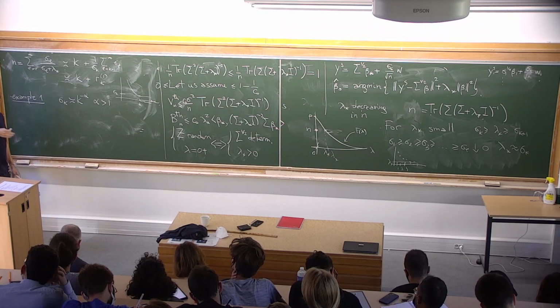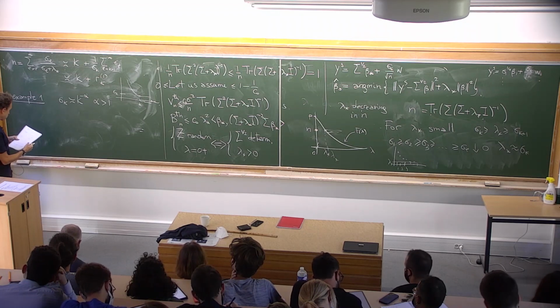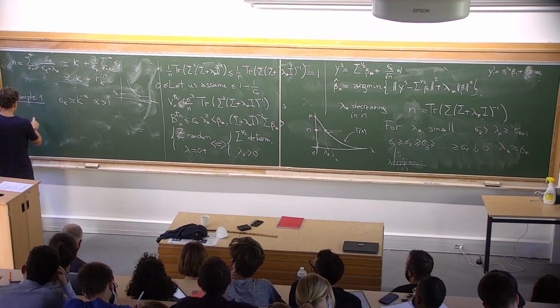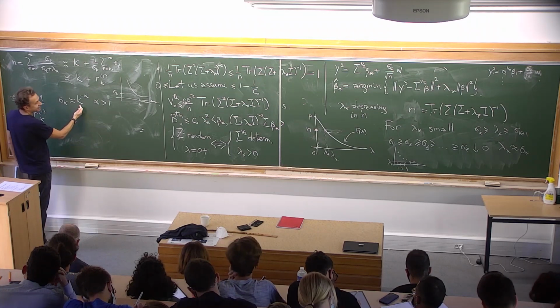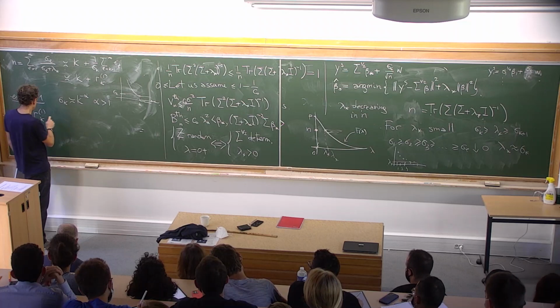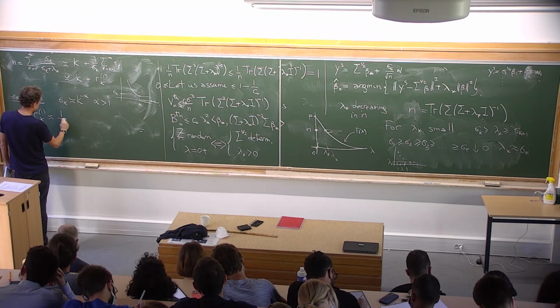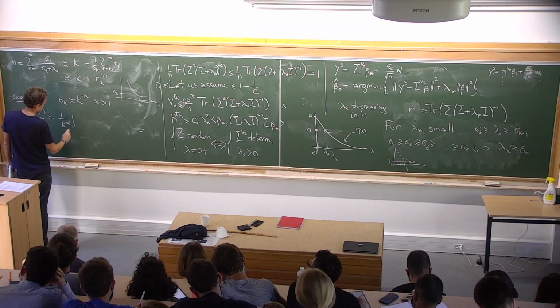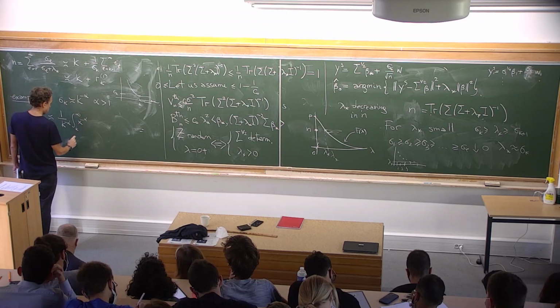Alpha bigger than 1 because I want the norm of these feature vectors to be finite. Then the effective rank r1 of k is 1 over k to the minus alpha times the integral between k and infinity of x to the minus alpha dx.